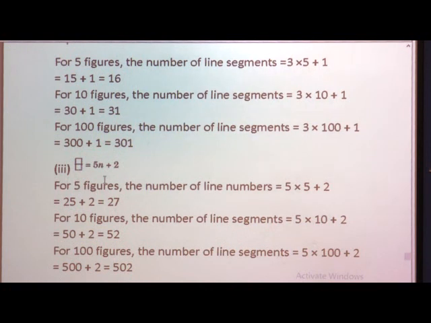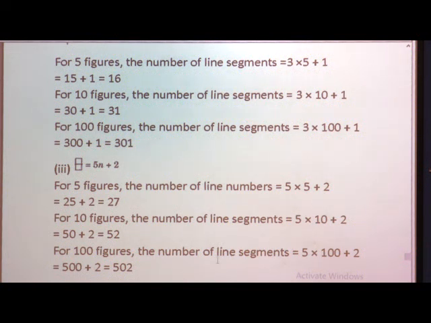Here is one more pattern, 5n plus 2, that is 7, here we require 7 sticks. So, with 5n plus 2, putting the value of n we can find out the number of line segments required to prepare a number of patterns.